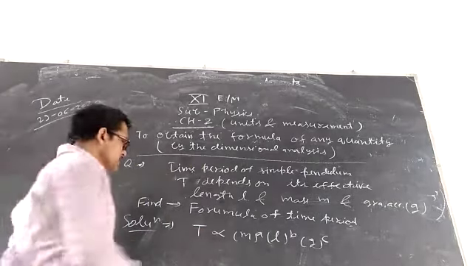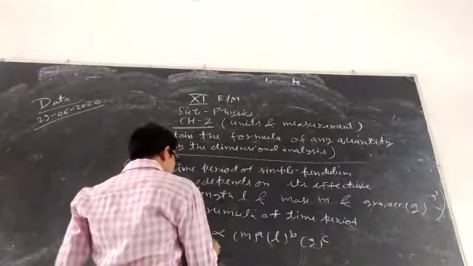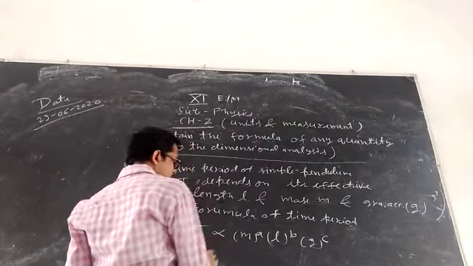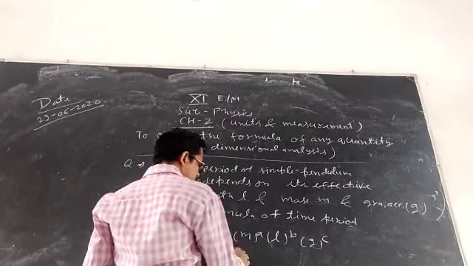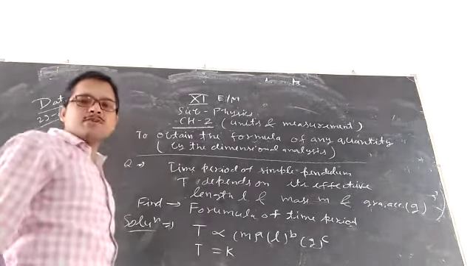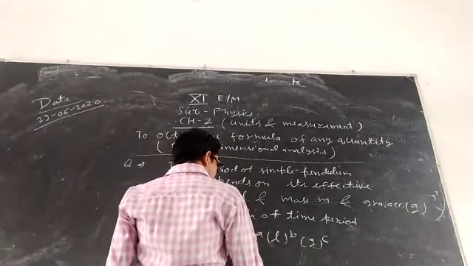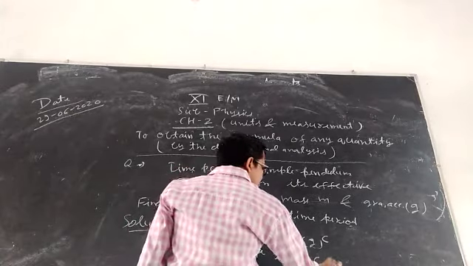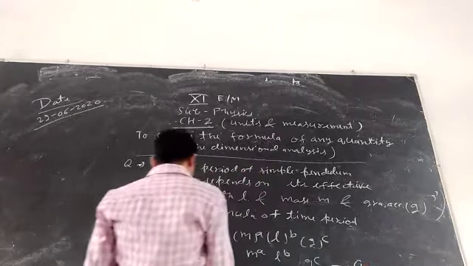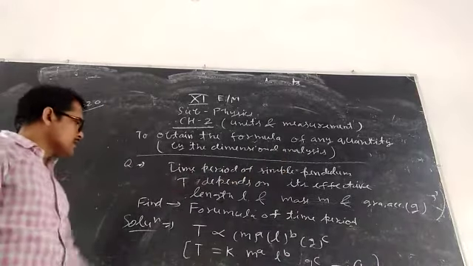If you remove the proportional sign, then you have a constant K, which is a dimensionless value. That's why T equals K, M to power a, L to power b and G to power c. This is the first equation. You note down the first equation. Clear?